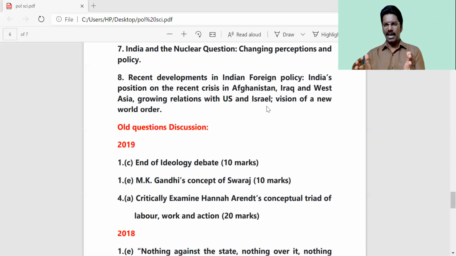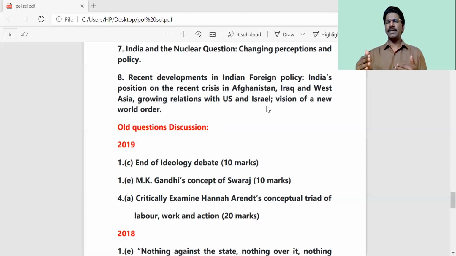So this is the way an optional like political science helps students at the preliminary level, in the GS part, in mains examination 500 marks based on the optional paper, another 250 marks in the essay paper, and another 250 marks in the GS2 and GS4 papers.